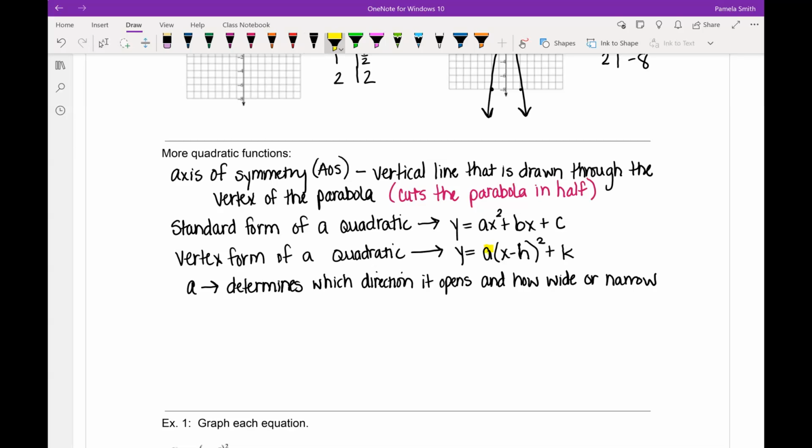And again, that's out in front of the parentheses there, the x minus h.